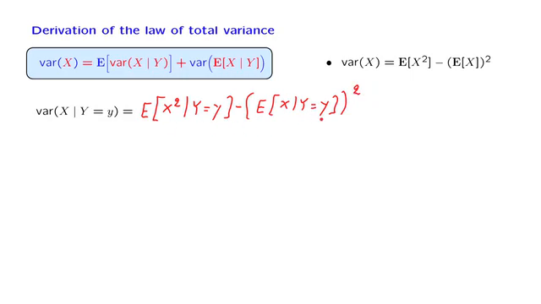So this is an equality between numbers. What does it translate to? This has been defined as a random variable that takes this value when capital Y is equal to little y. What is the random variable that takes this value when capital Y is little y?